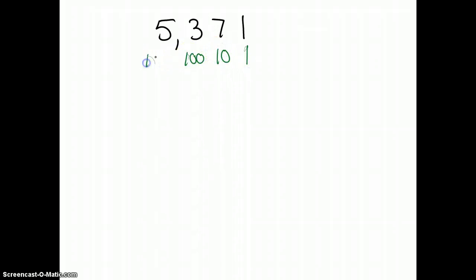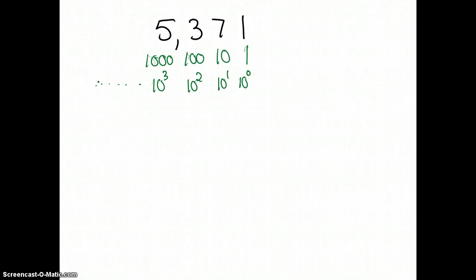So say you have the number 5,371. You may recall way back that this is the ones place, the tens place, the hundreds place, the thousands place. So this is 10 to the 0 power, 10 to the 1, 10 squared, 10 cubed, and it would go on and on.